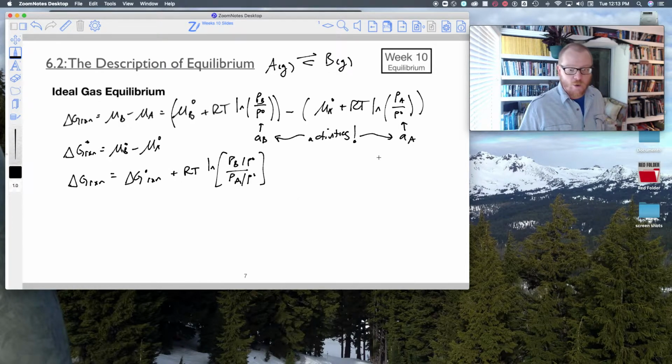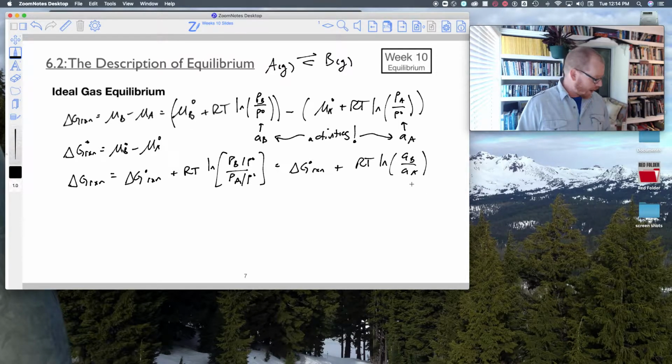The ratio of activities. So let's write that. Let's simplify that. So now that all equals delta G reaction plus RT natural log of the activity of B divided by the activity of A, okay?